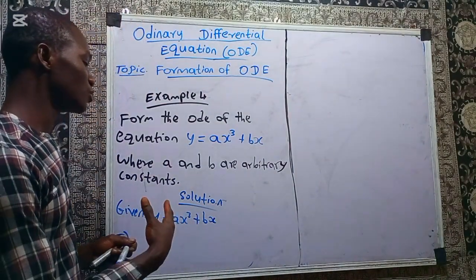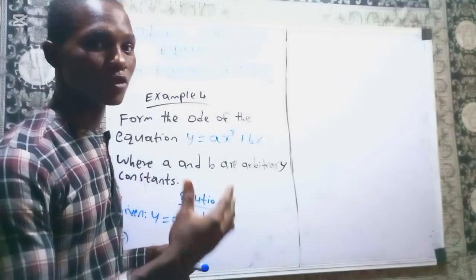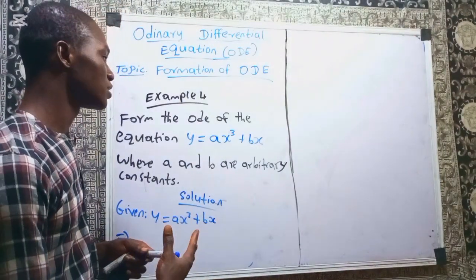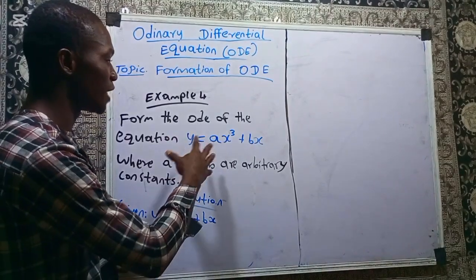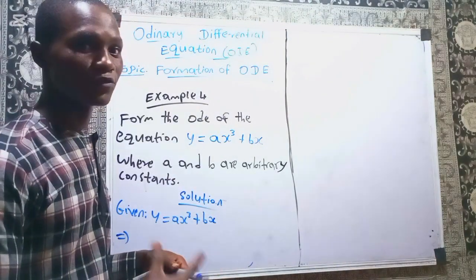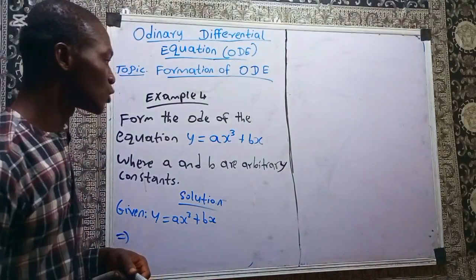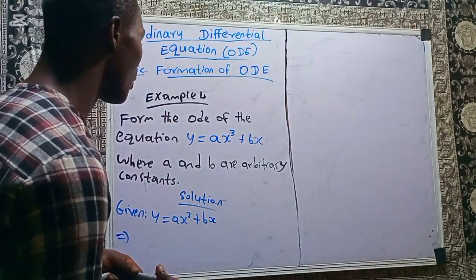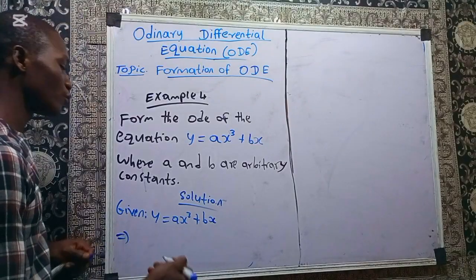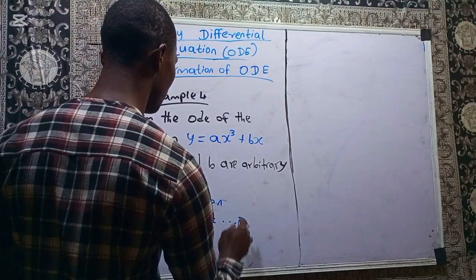After that you substitute back the 2 constants you have gotten into the given equation. If you are not able to make them the subject of the formula, you can still form an ODE, and with an example we will explain that.